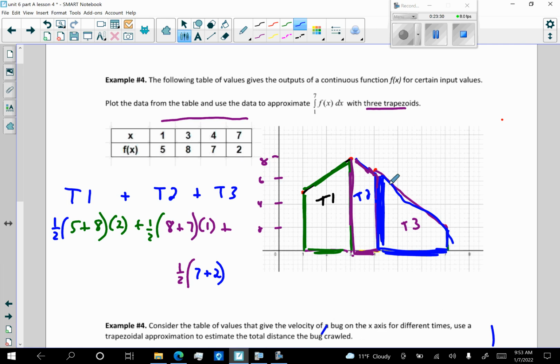My diagram is so busy I lost track of my x values. What is this height? It's 7 minus 4, which is 3. And so that's an approximation for the integral from 1 to 7 of this continuous function f of x for certain input values. I will let you do the arithmetic for this particular approximation.